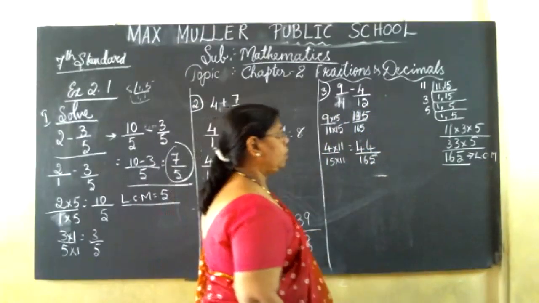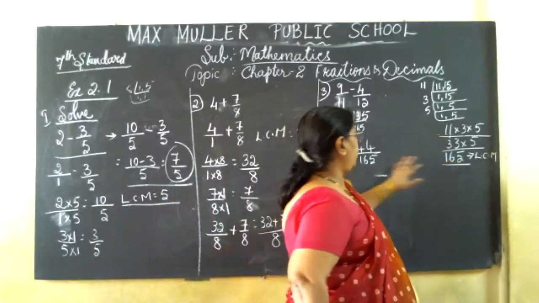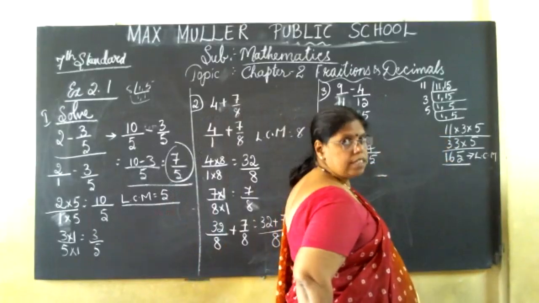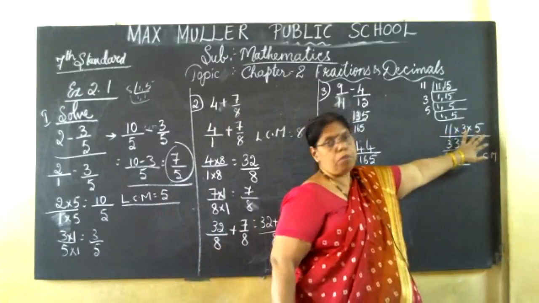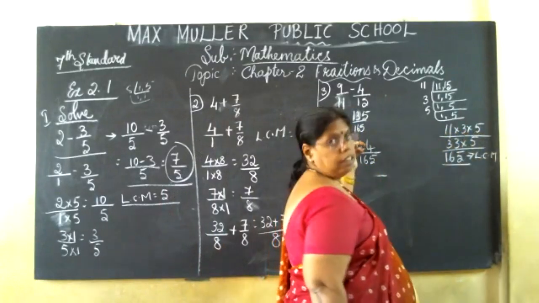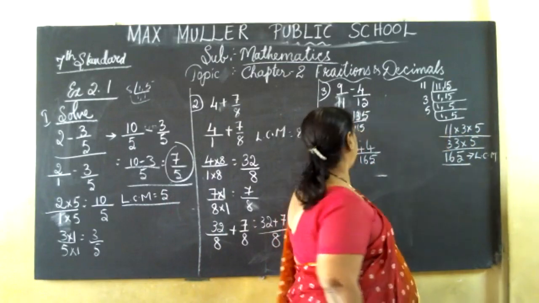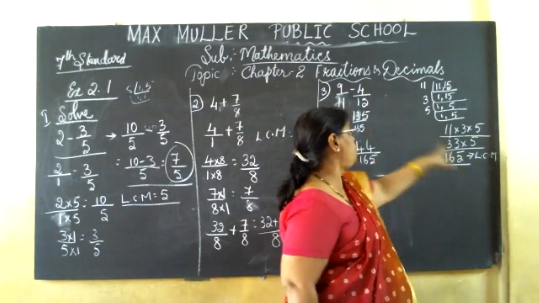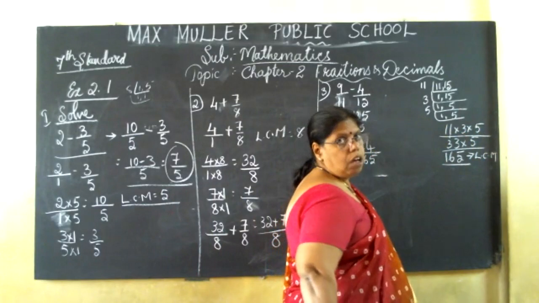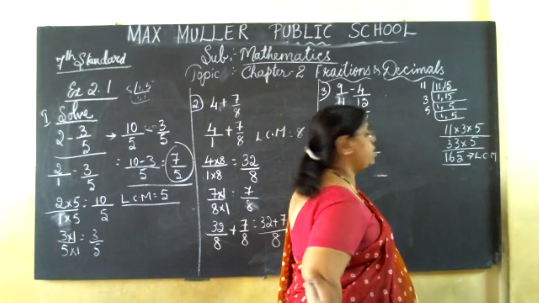Did you get it? When you want to take the LCM here, the other two numbers you multiply and write here. Easy way, easy method that is. 11 is here only. So to get 165, if you multiply it with 15, you get 165.